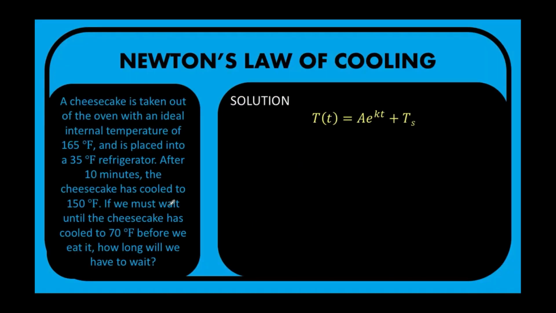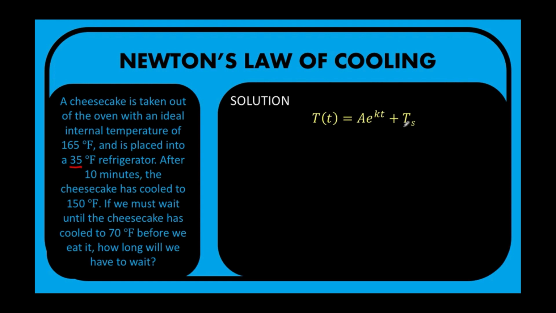So to solve our problem, let's begin with the formula, which is Newton's law of cooling. From the given problem, we know that the cheesecake is placed in a refrigerator that has a temperature of 35 degrees Fahrenheit. This 35 degrees is our T sub S, the temperature of the surroundings.